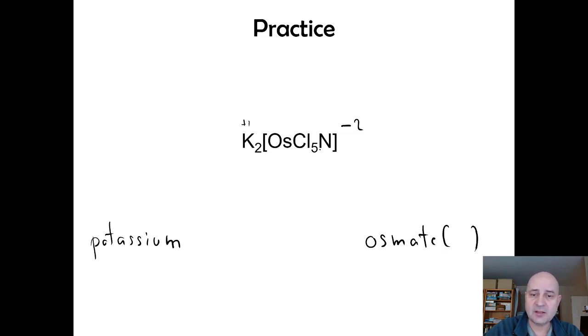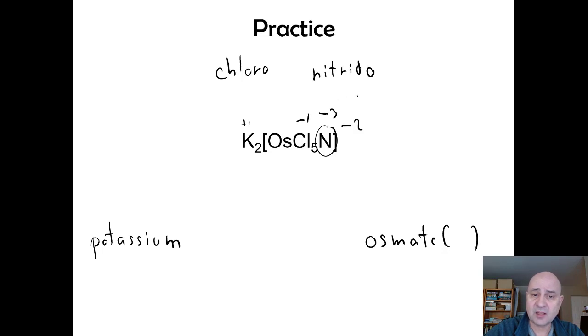We have chloro ligands, and then this is nitride, right? It's a single nitrogen, so it's going to be nitride. And then this is just chloro as a ligand. The chloros have a minus charge. The nitrogen also has a minus charge, but it's -3.